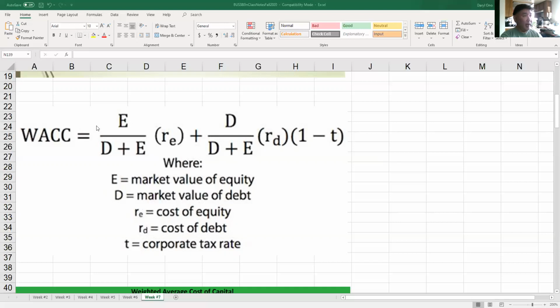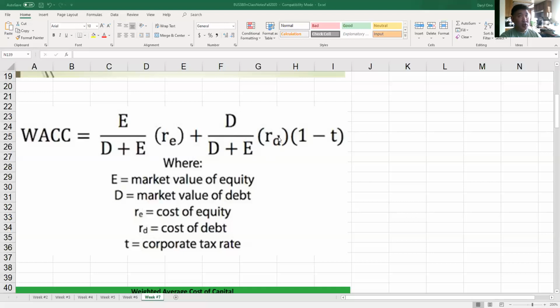Okay, so right here you see the formula to calculate the WACC. E is equal to the equity, D is equal to the debt. RE is the return on common equity.